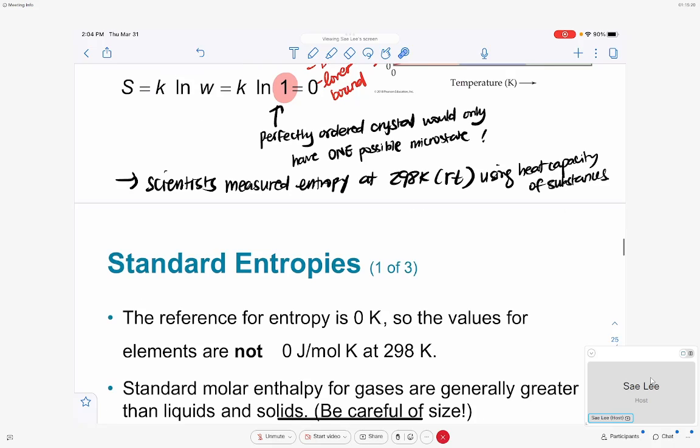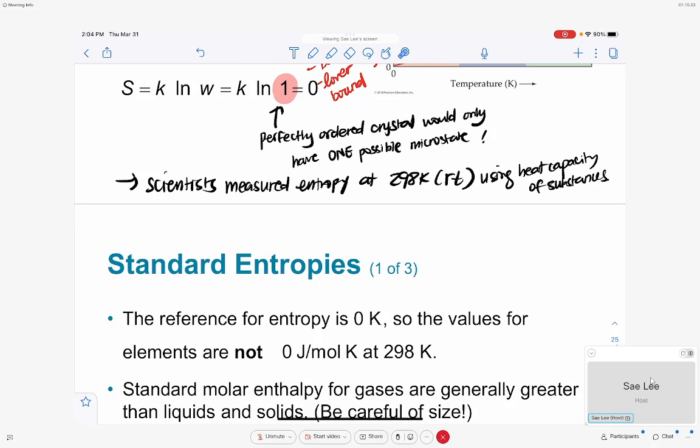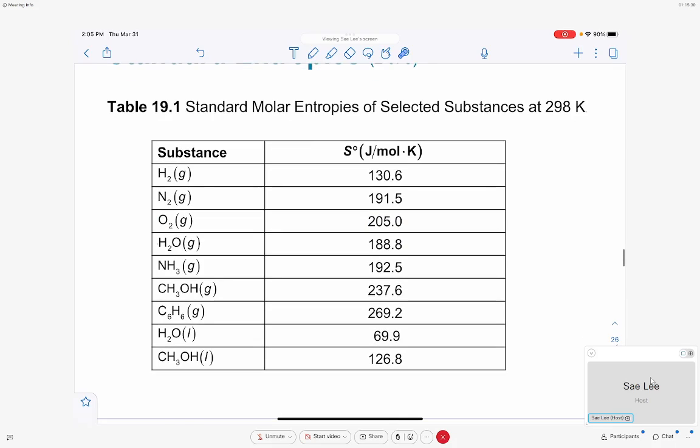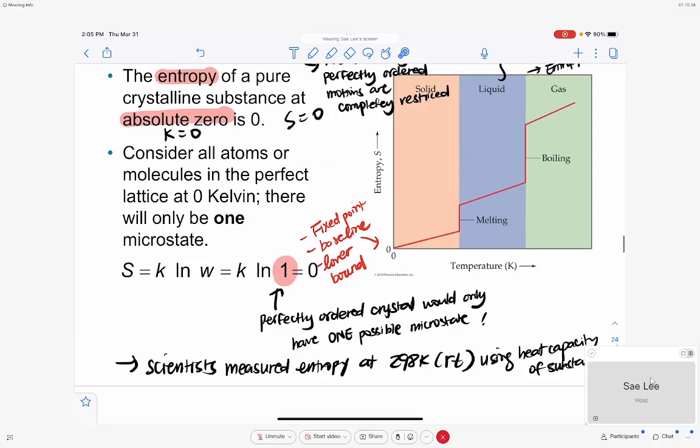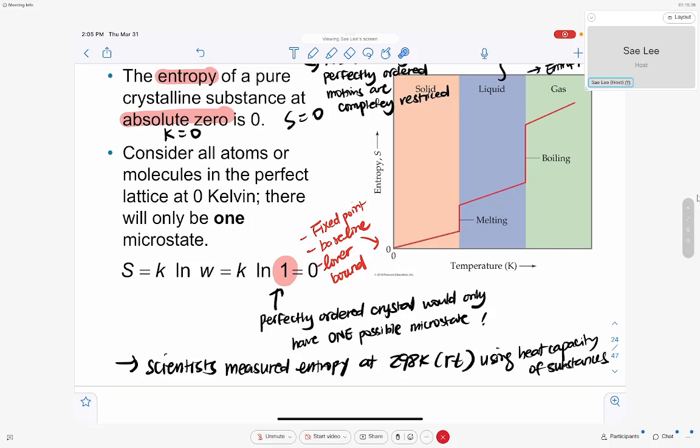These organized values are in the table in appendix C. Let me check which appendix contains these values.